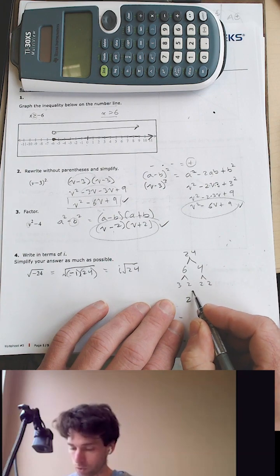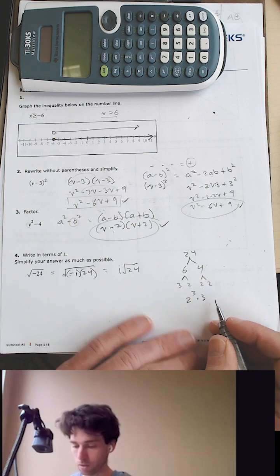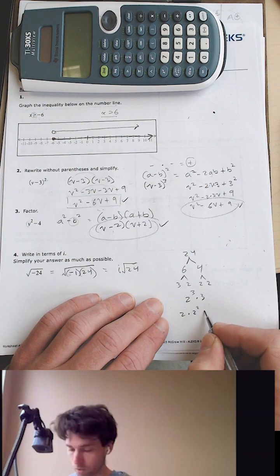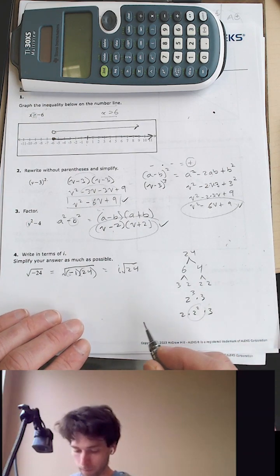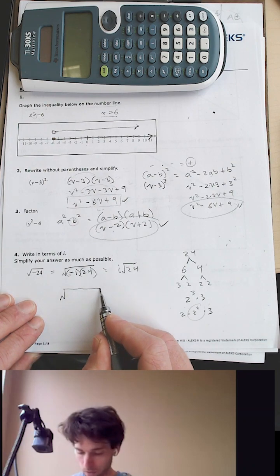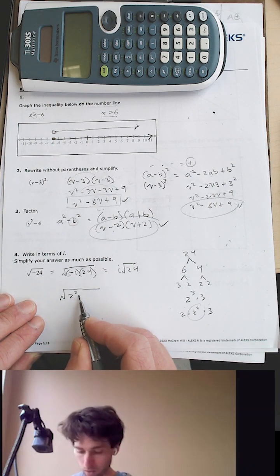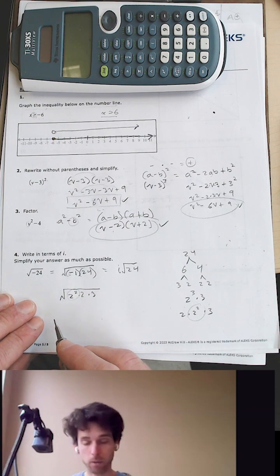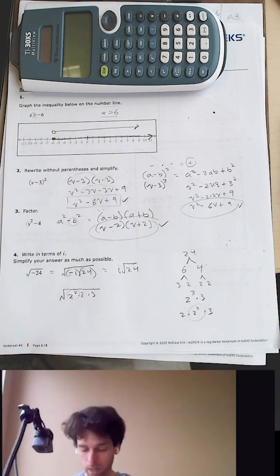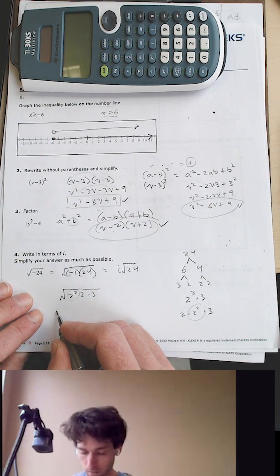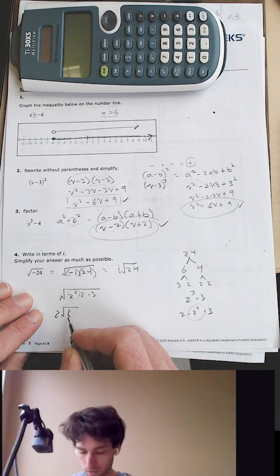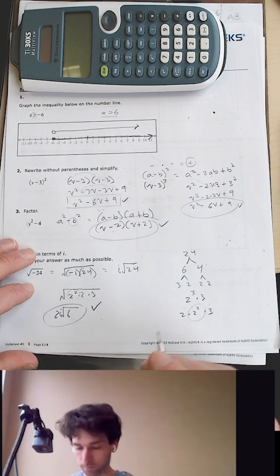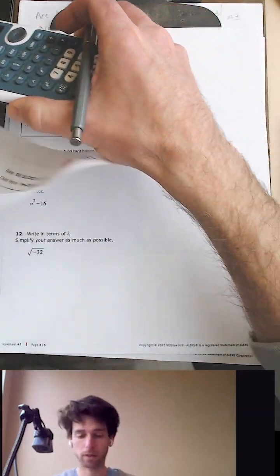So we end up with 2 cubed times 3. And it might be simpler to look at it as 2 times 2 squared times 3. And if we put that in a radical, you should be able to see that 2 squared times 2 times 3, we can simply bring the 2 out because the square root of a number squared is simply that number. So we end up with 2 square root of 6 and i. And that's the solution, 2i square root of 6.